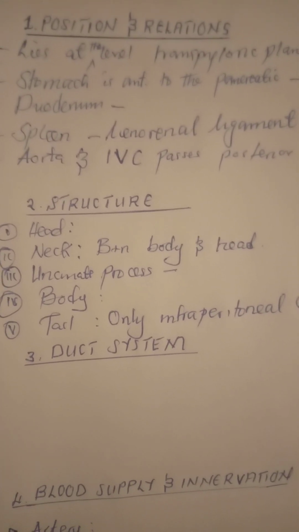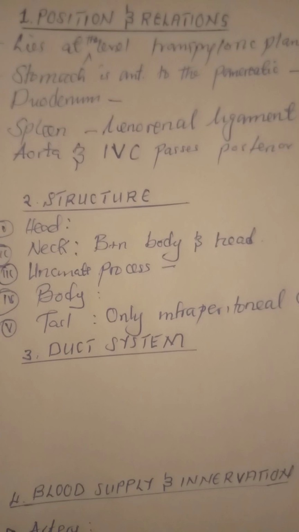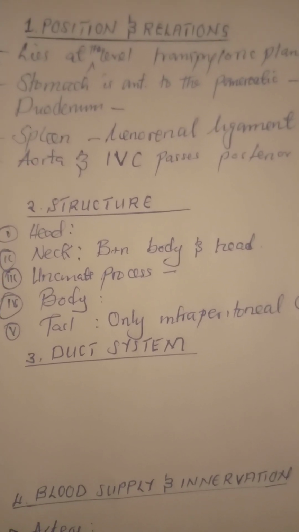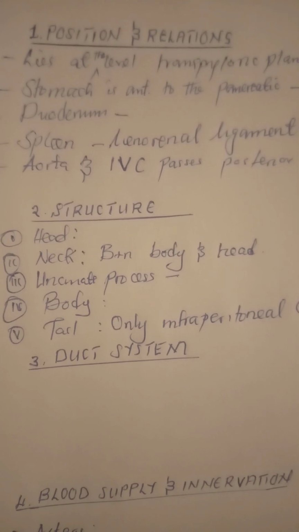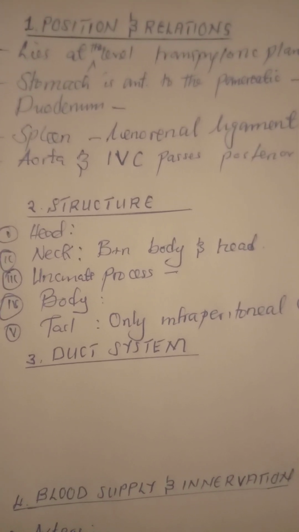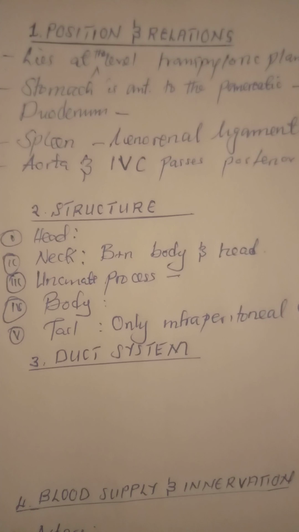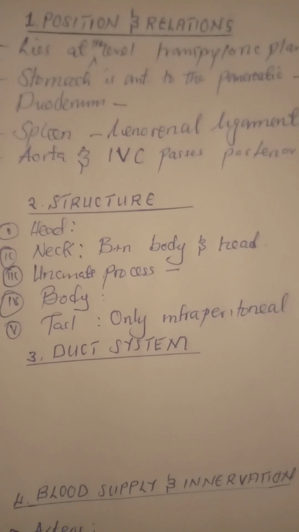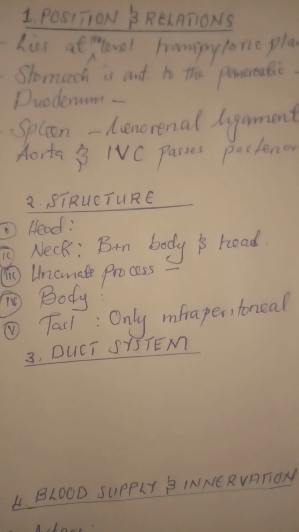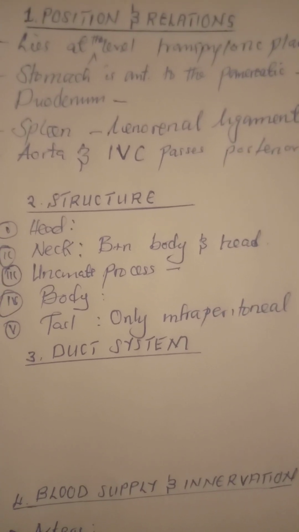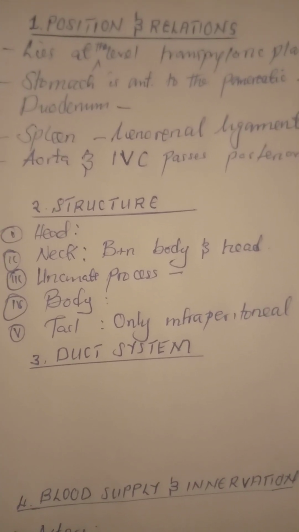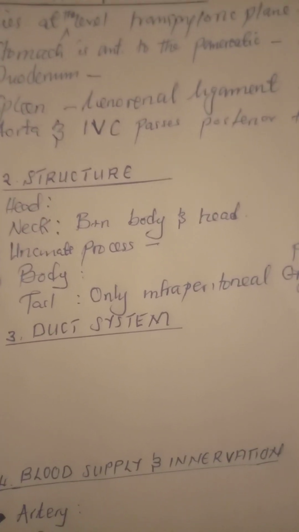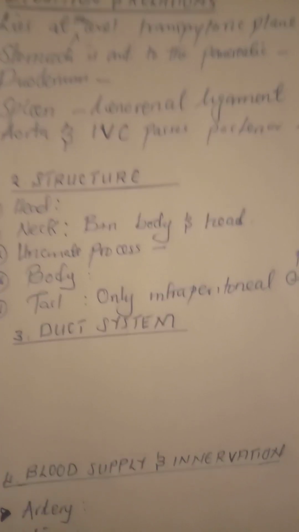The main pancreatic duct is then joined by the common bile duct and drains into the hepatopancreatic ampulla of Vater, which opens into the duodenum via the duodenal papilla. The secretion is controlled by the sphincter of Oddi. So this is what we are supposed to know on the duct system.